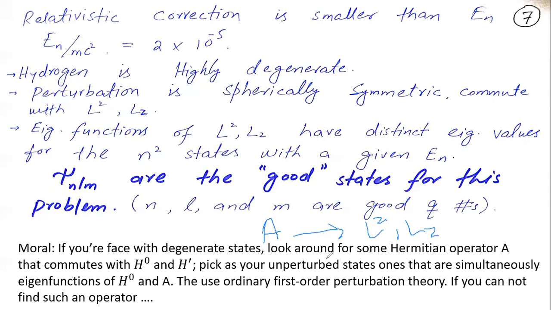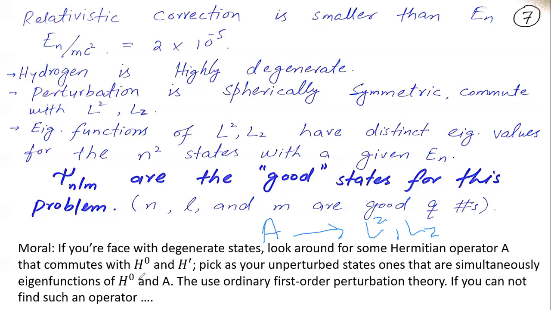So the first condition is fulfilled. Or pick as your unperturbed states those that are simultaneously eigenfunctions of H naught and A. If we pick the simultaneous eigenfunctions of H naught and A, then we will be able to use non-degenerate perturbation theory.